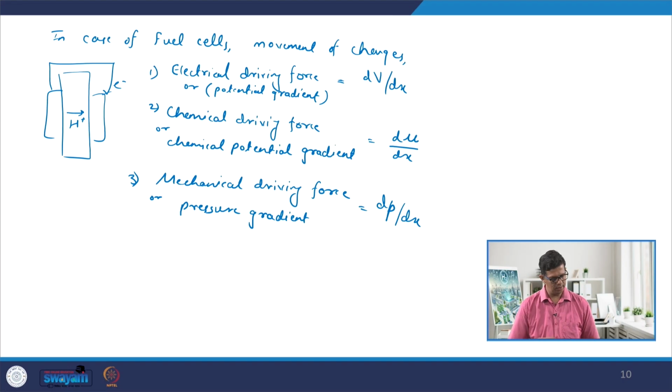In case of fuel cells, let us take this example: H2 giving 2H plus and 2 electrons.